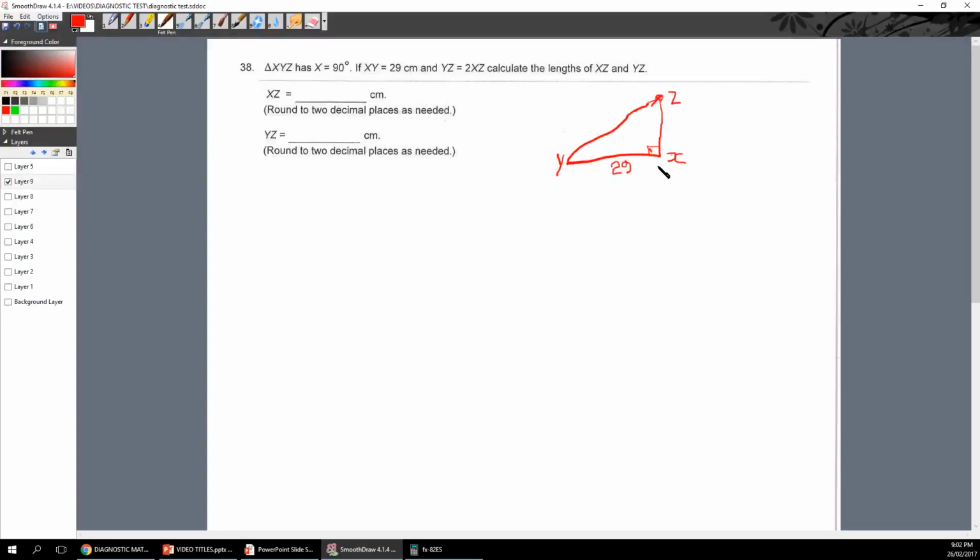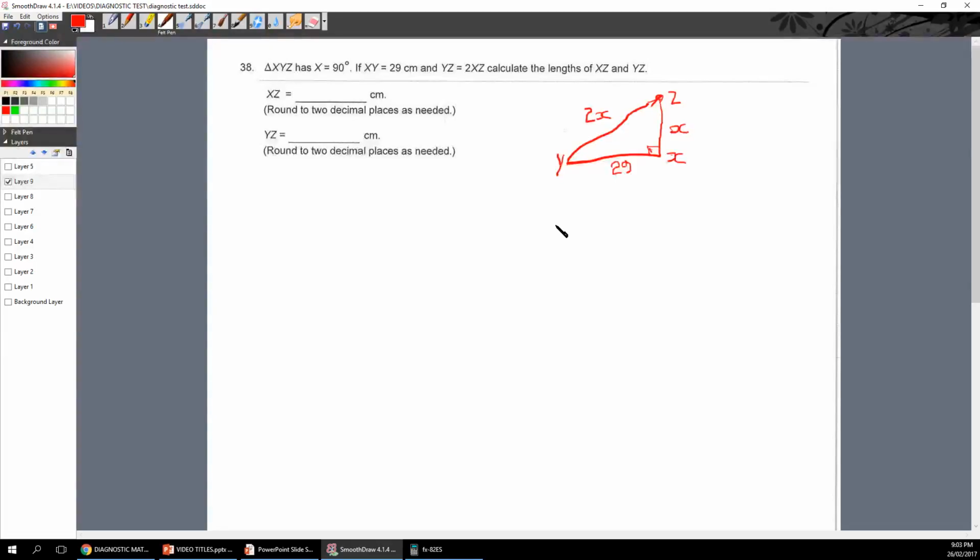So YZ, let's just call that YZ. So there's YZ. That equals 2XZ. So let's make that there X, and then that's got to be 2X. Okay, is that right? It's got to be 2X.